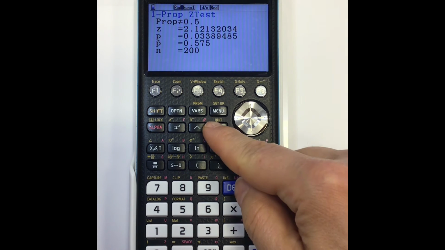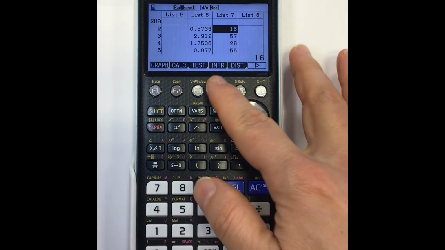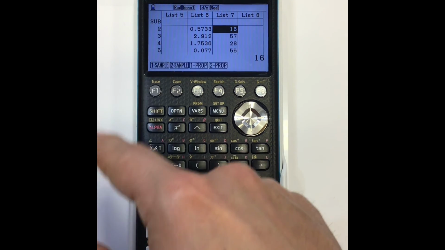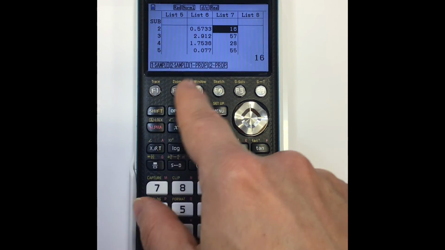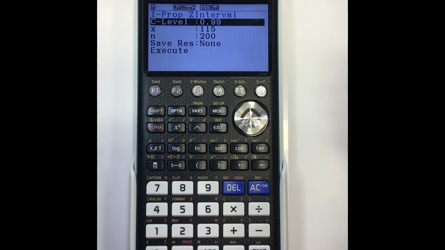Null hypothesis is true. Another way to do this, you can create an interval. So for the confidence interval, go to interval, Z interval, one proportion interval. You are looking for 99% because your alpha is 0.01.